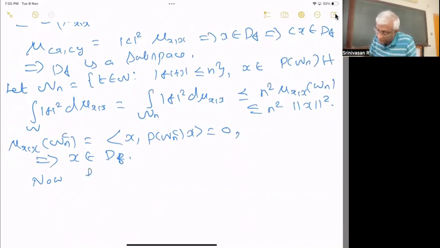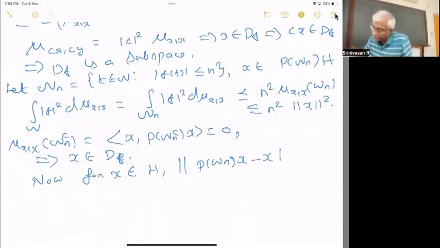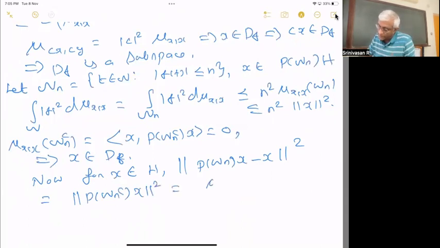So for general x in H, the norm square of P of omega n x, which you can call x_n, minus x, is equal to the norm square of P of omega n complement x, which is just mu xx of omega n complement.